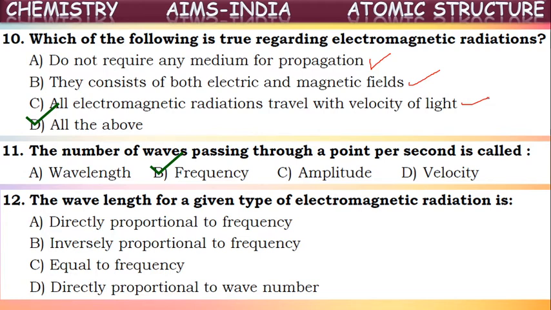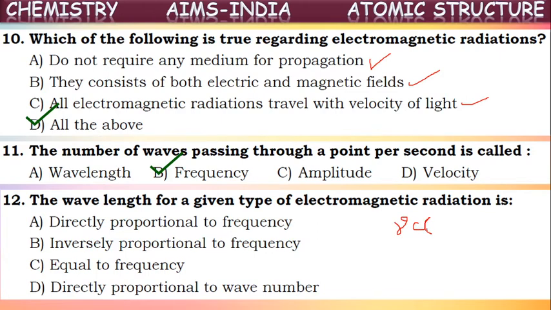We have studied that wavelength and frequency are inversely proportional to one another. If a wavelength is greater, its frequency will be less. If its wavelength is smaller or shorter, then frequency will be greater for that electromagnetic radiation. So we can say wavelength and frequency are inversely proportional to one another.